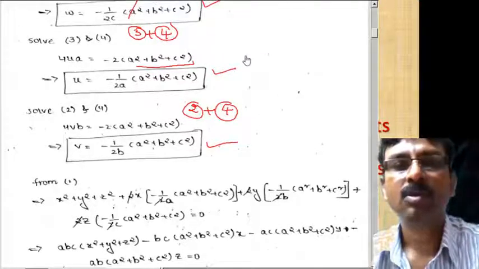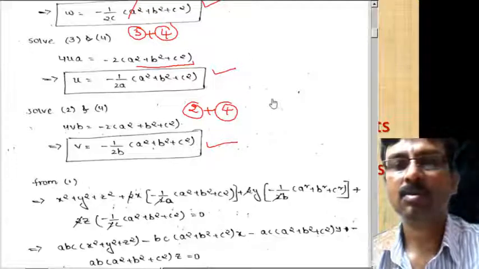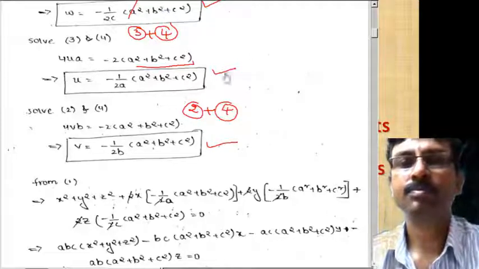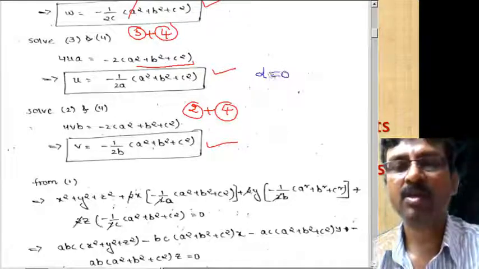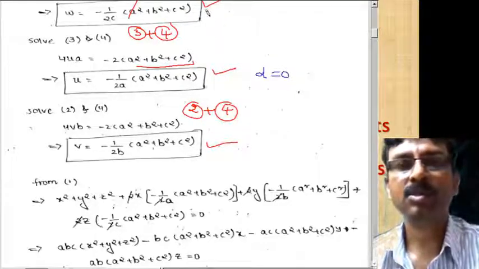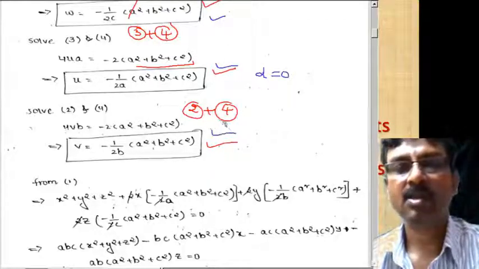So d is 0, we find already d equal to 0. Here w is there, u is there, and v is there.